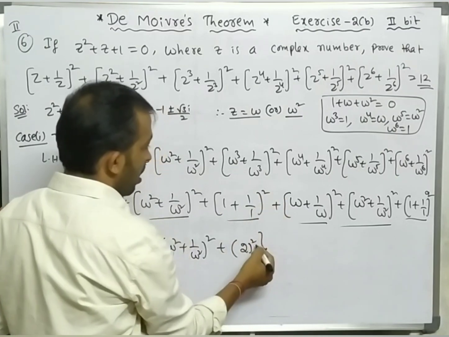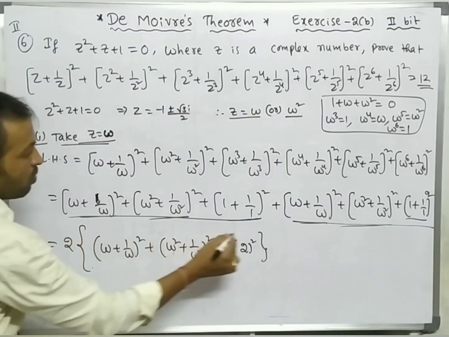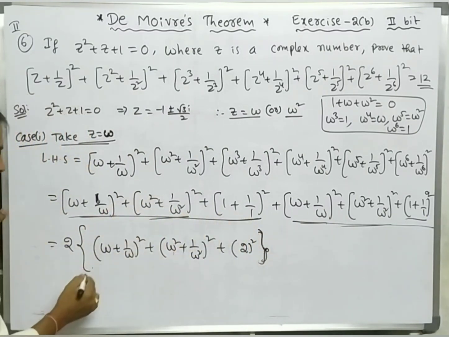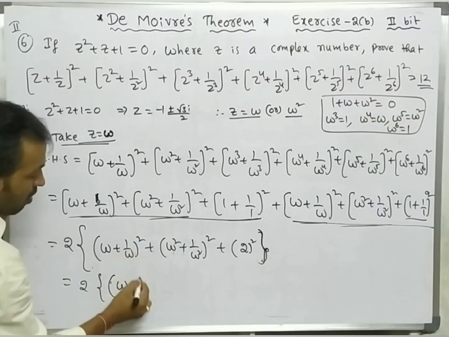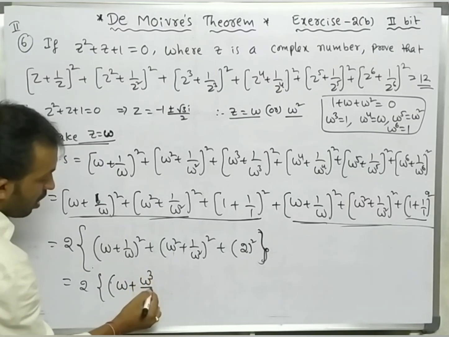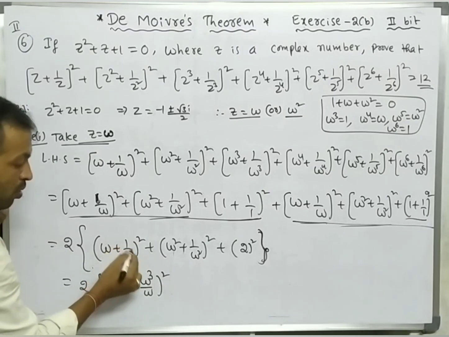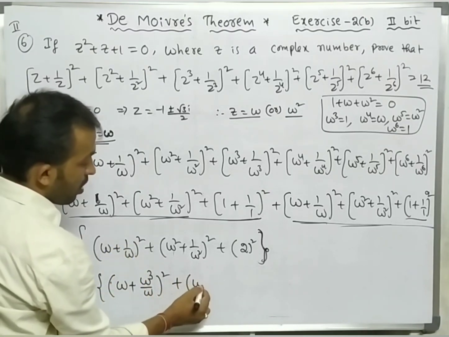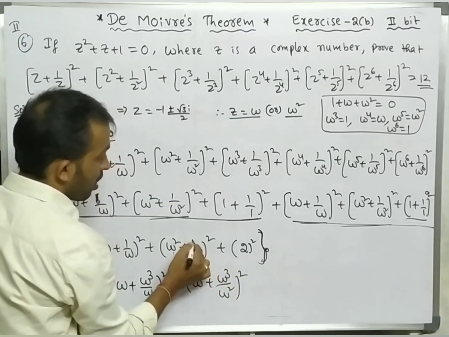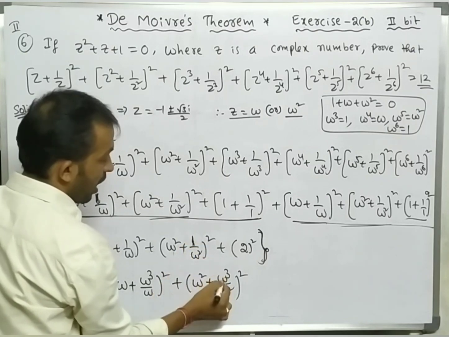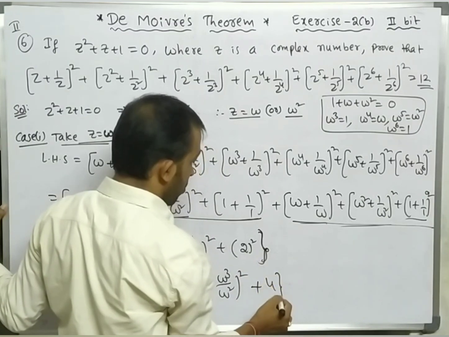Since the terms are repeated twice, I have written 2 into the bracket of the same terms. So for the first one, omega plus 1 by omega can be written as omega cube by omega whole square, because omega cube is 1, so I am substituting 1 as omega cube. Next here also omega square plus omega cube by omega square whole square. Here, in the place of 1, I am substituting omega cube, because omega cube is equal to 1. 2 square is 4.